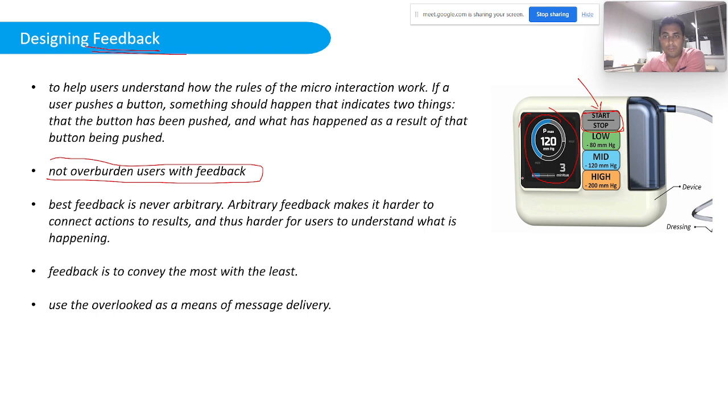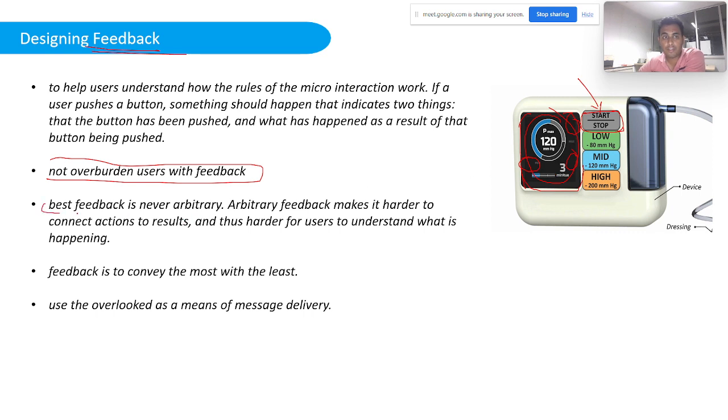For example, when you are dealing with a very small interface where you do not have much space to provide information, if you want to provide feedback here, that will probably make the interface very cluttered and the person will get confused. You will probably not be able to detect the feedback itself.